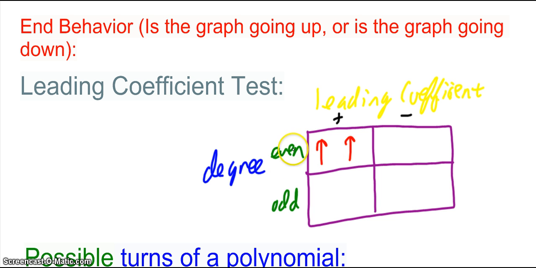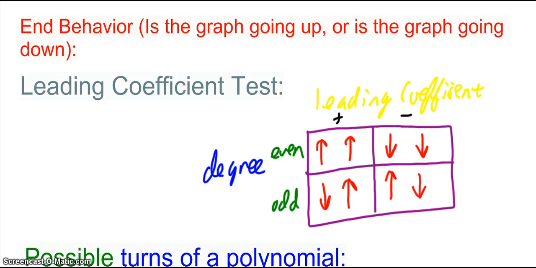If the degree is even and the leading coefficient is negative, the graph is going to have end behavior that goes down left and down right. If the degree is odd and the leading coefficient is positive, the end behavior is going to go down left, up right. And if the degree is odd and the leading coefficient is negative, the graph is going to go up left, down right.